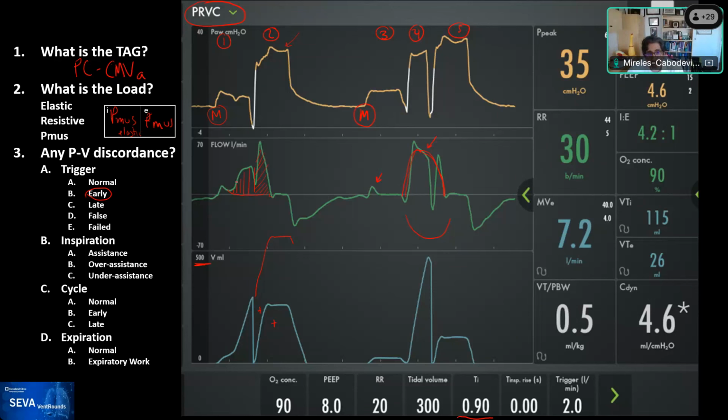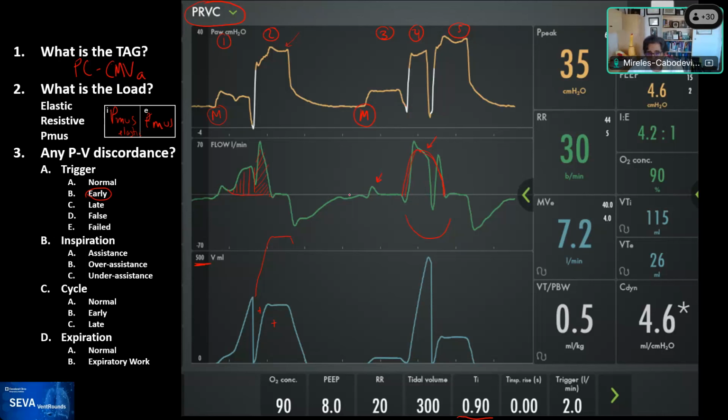Some of them the PMOS activates after the mandatory breath early on, sometimes in the middle of it, and sometimes in the early expiration. And this is one of those reverse triggers that occurs early in the expiration. And it's so big that it activated not only one breath, but two breaths. And we're going to talk about that.